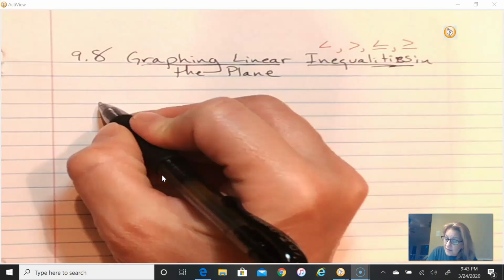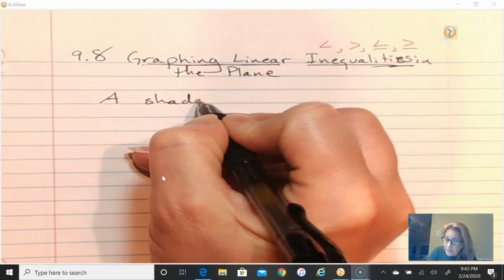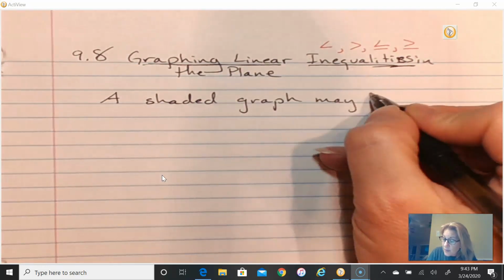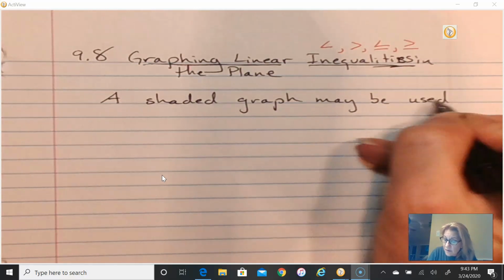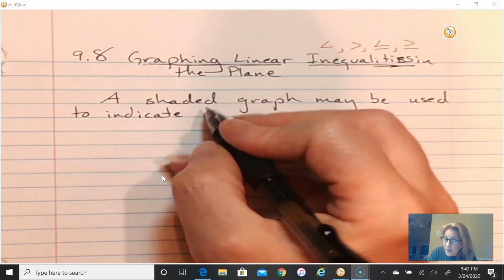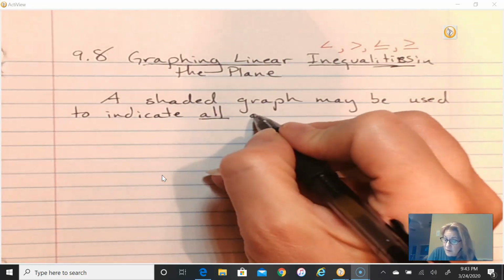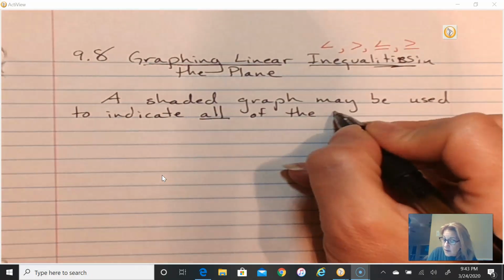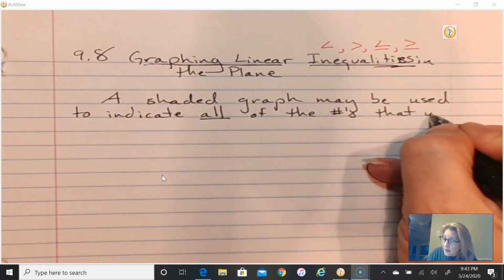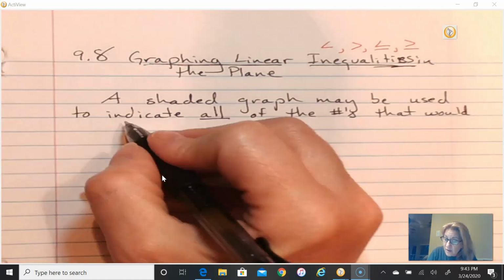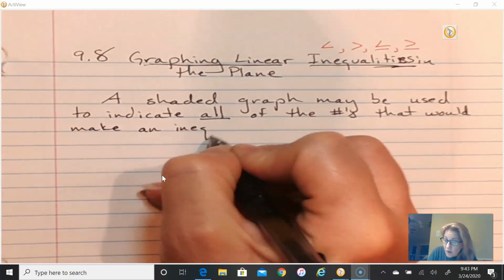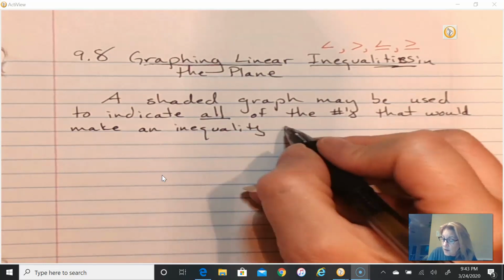All right, a shaded graph may be used to indicate all of the numbers that would make an inequality true.